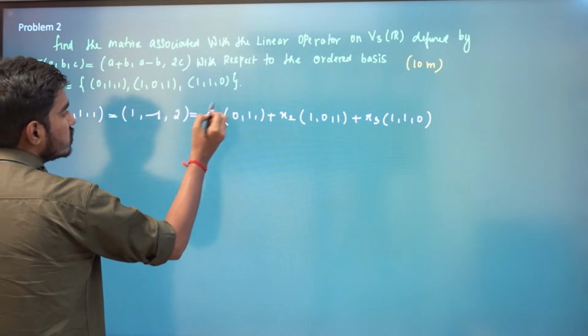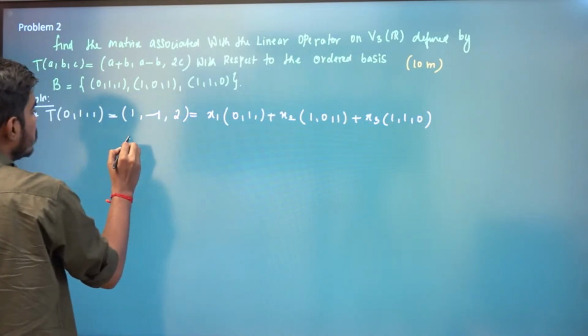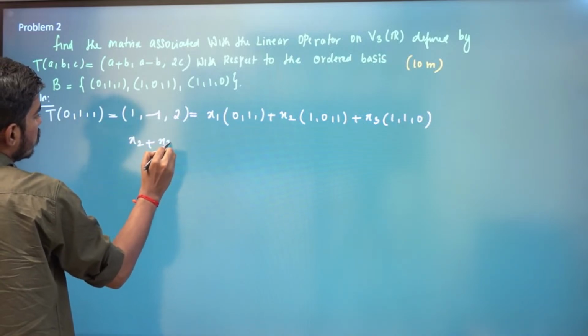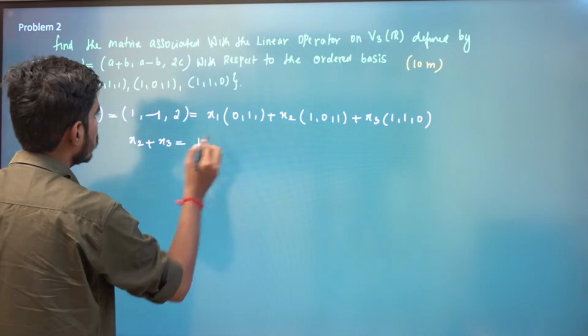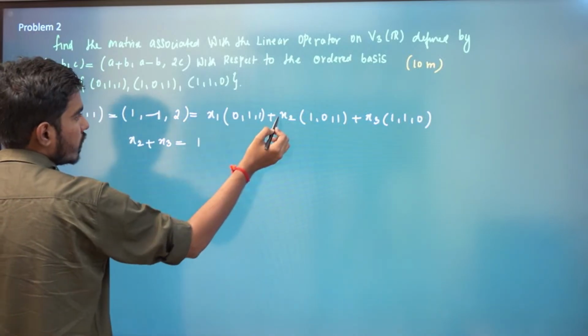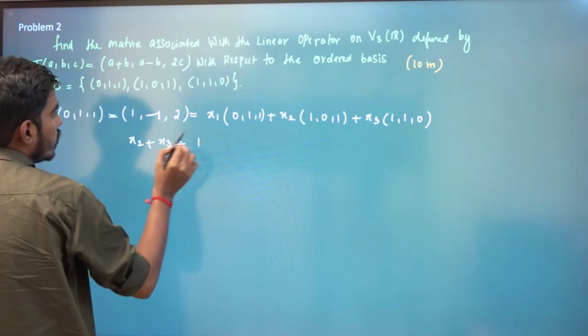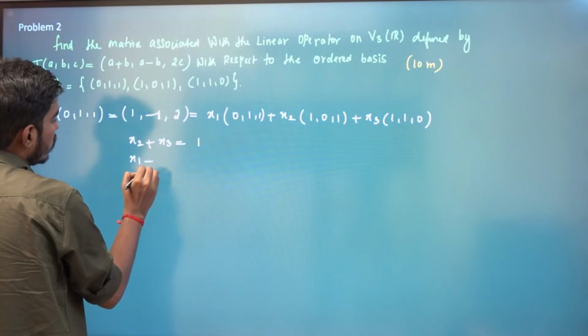So we have 0, x1, x2 plus x3. So x2 plus x3 is equal to plus 1.